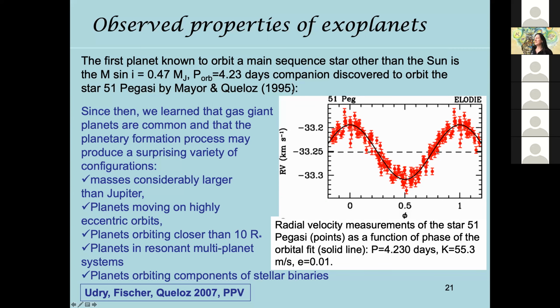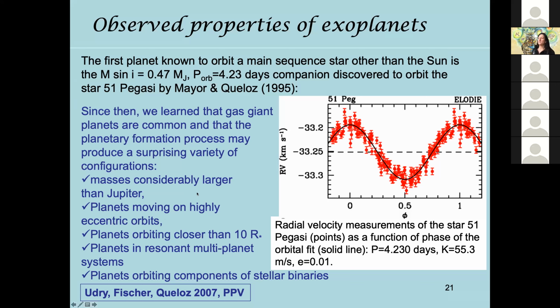So since this discovery, we know now a lot of different types of stellar systems, exoplanets. Many, especially the first detections, were of masses much larger than Jupiter, because of course you can understand that if you have a massive planet orbiting a star, it will induce a much larger radial velocity shift because of the larger gravitational pull.